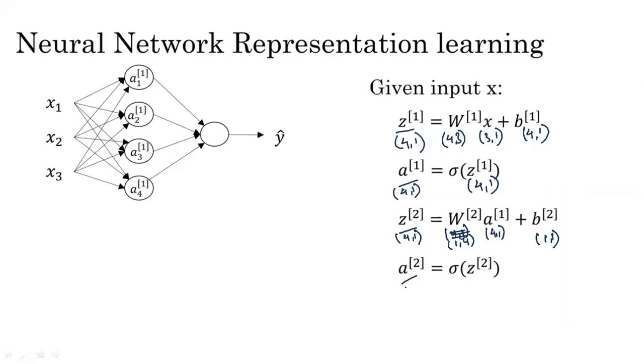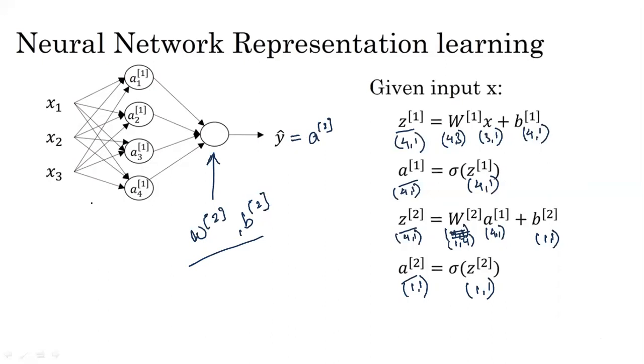A2 was 1 cross 1, and finally Z2, on which we apply the sigmoid function, was of dimension 1 cross 1. We have the parameters W2 and B2 corresponding to this second layer, and this output Y can also be written as A2.